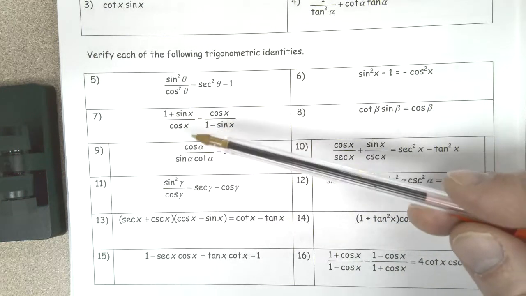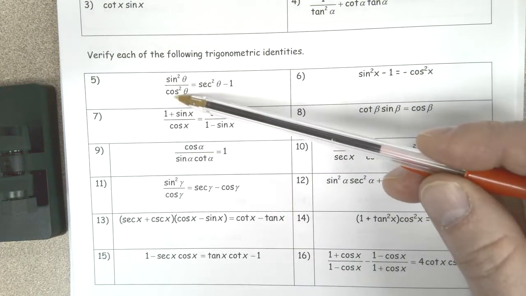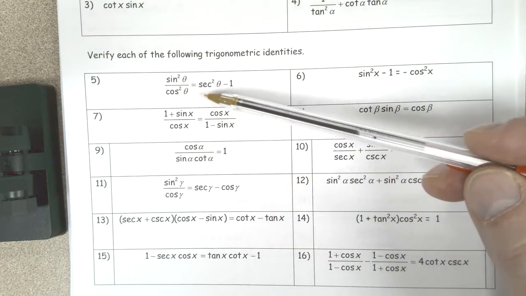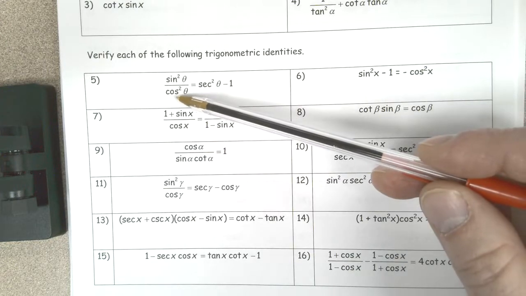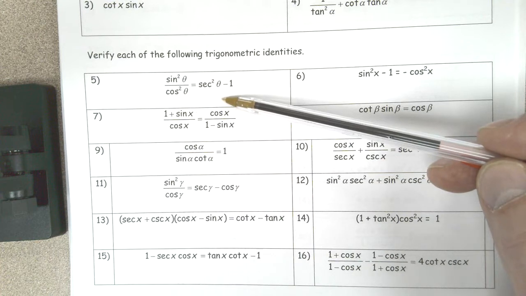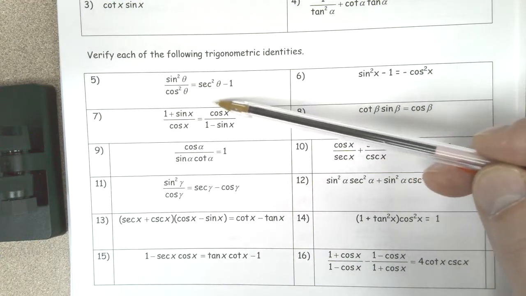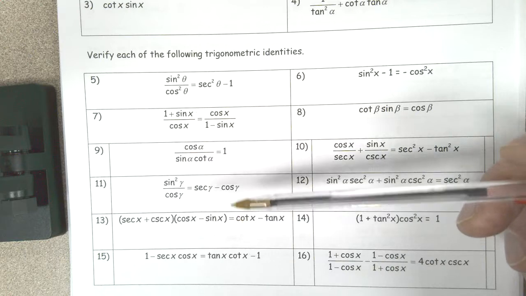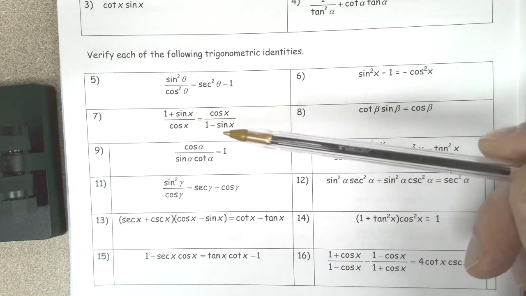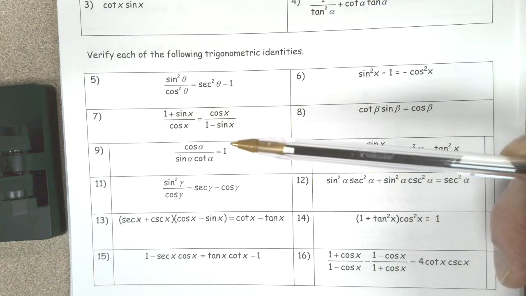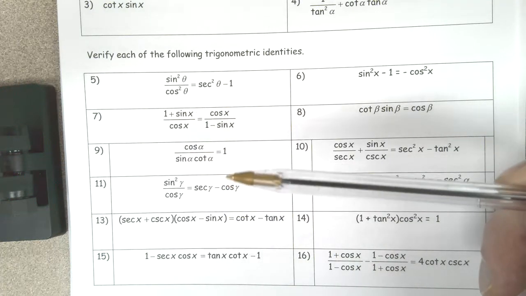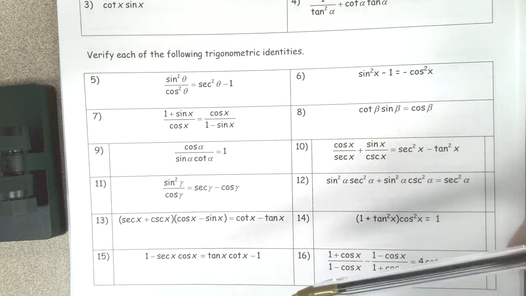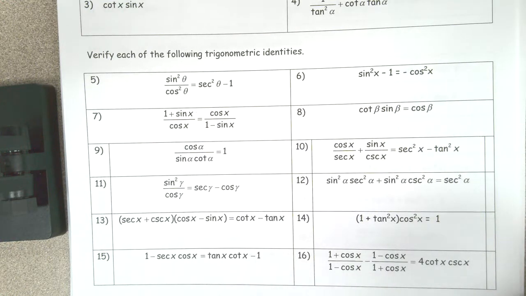You may only make steps on the left side, you may have to make steps on the left side and the right side, or you may only make steps on the right side. Depending on the process that you utilize and what you decide to simplify, it may be different for each of you. But once you've shown that the identities are the same, then you're complete with the problem.